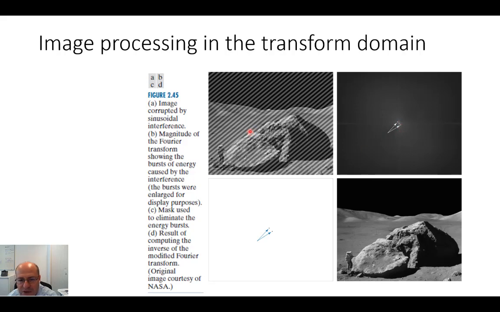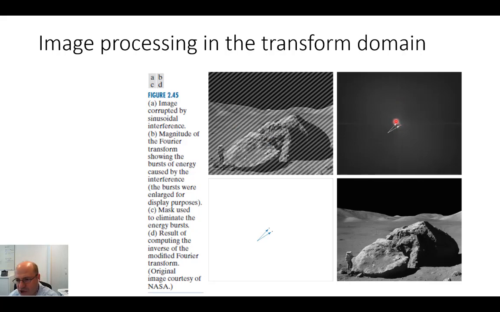Oh, wow. Imagine cleaning this image with this. It has this sinusoidal kind of interference here, typical of someone that turned on a hair dryer in the room next door, on the moon, and you have to fix that. Basically, you get the Fourier transform.